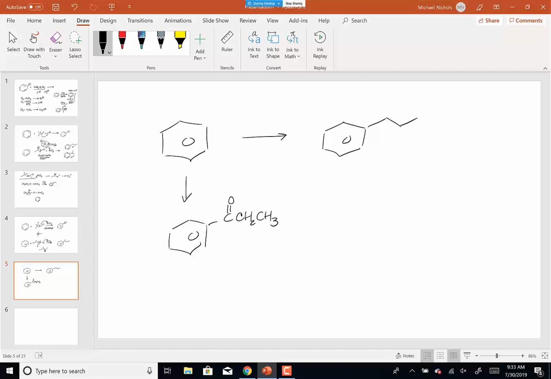The first step is actually going to be to make what's called the phenyl ketone. When a benzene ring is a substituent, it changes its name from benzene to phenyl. So this is a phenyl ketone.